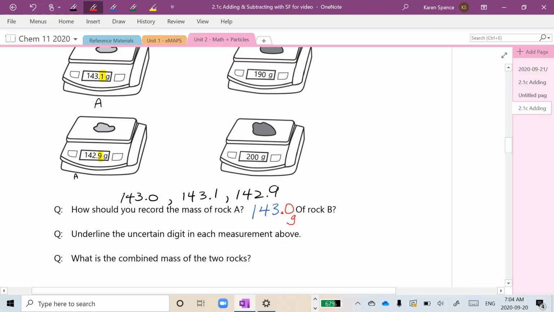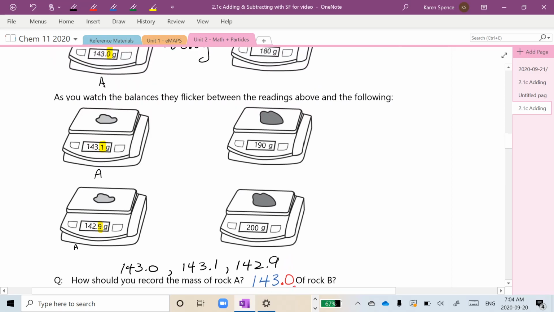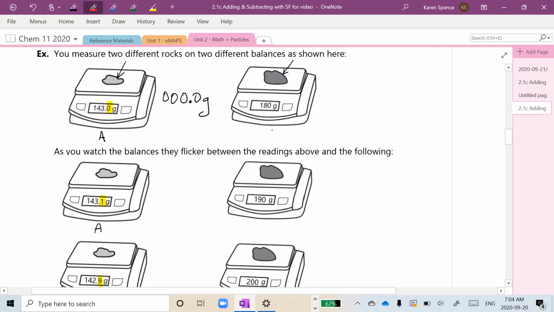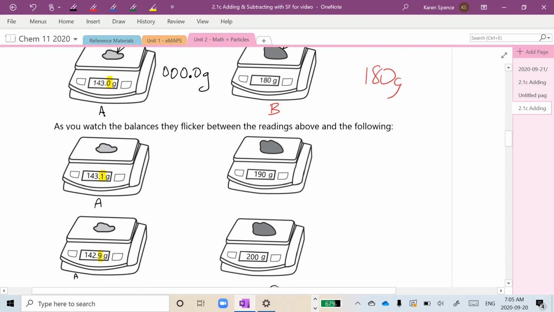Now let's look at rock B. Remember, for rock B, on scale B, it weighs 180 grams. Oh, and then it flickers. Okay, it's the same rock. We haven't changed anything. It's just that it flickers between the measurements. It says 190 grams, and it says 200 grams.